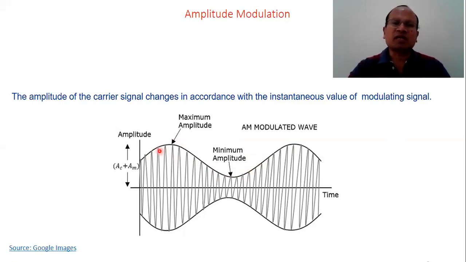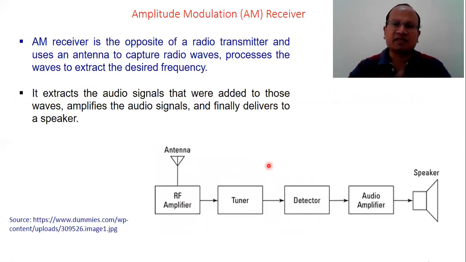Sometimes we also say that this envelope is our modulating signal. So how do we recover this envelope from the modulated signal? The first thing is to receive the modulated signal and then to recover the modulating signal from the AM signal.